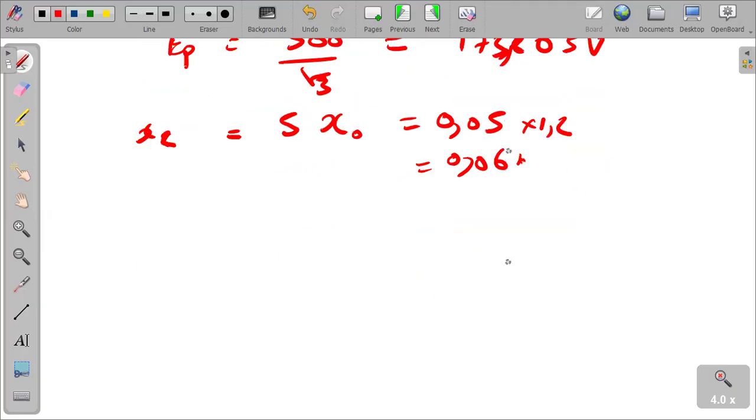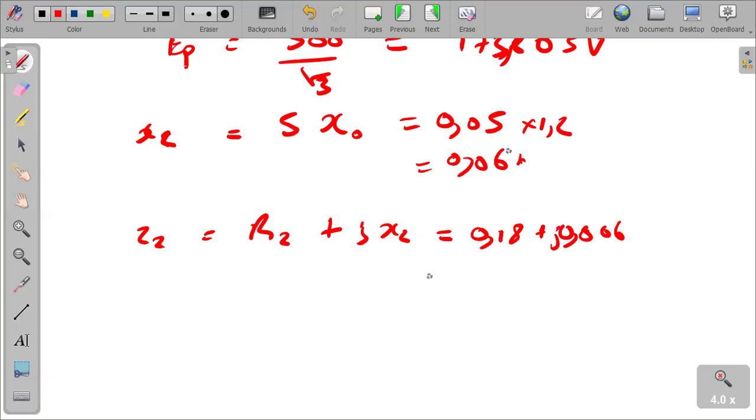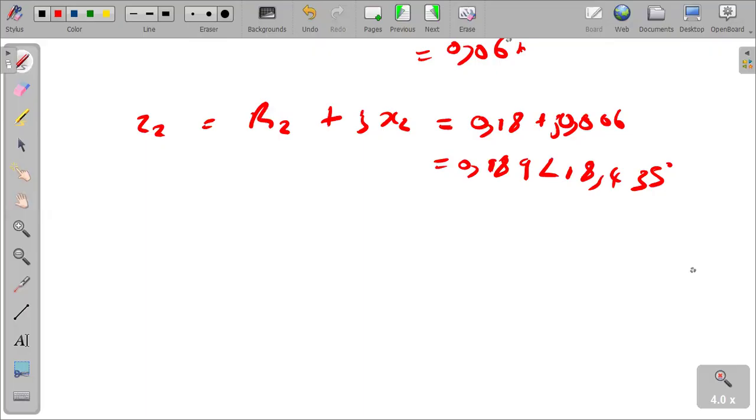We do the same: Z2 is equal to R2 plus jX2, which is equal to 0.18 plus j0.06, which is equal to 0.189 angle of 18.435, converting it to polar.